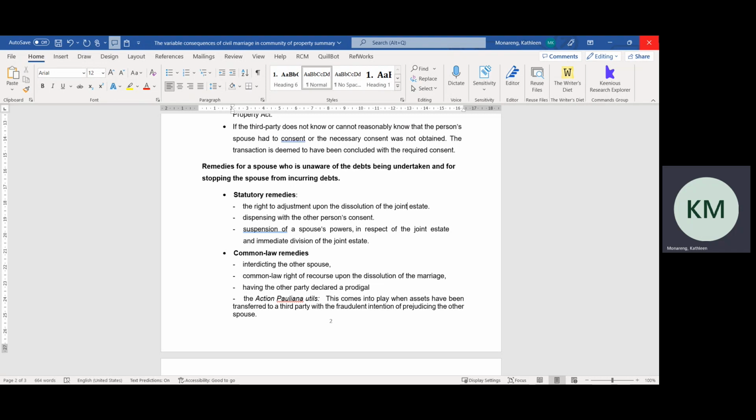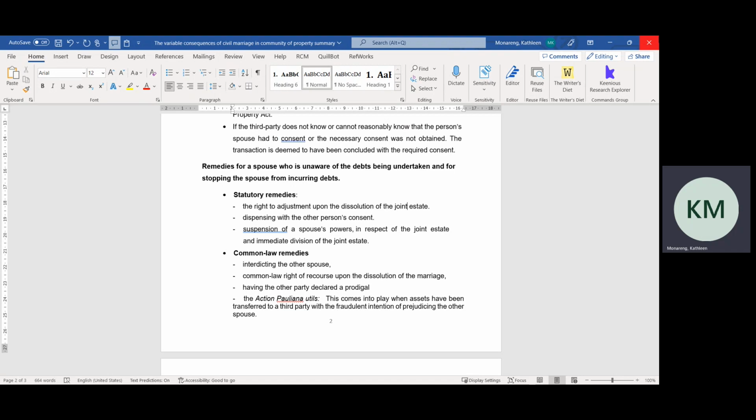Or alternatively, let's say they want the other spouse to keep on giving consent, and the other spouse is unreasonably withholding the consent. So they have the right to get the court order to request that they be allowed to consent without the other spouse.